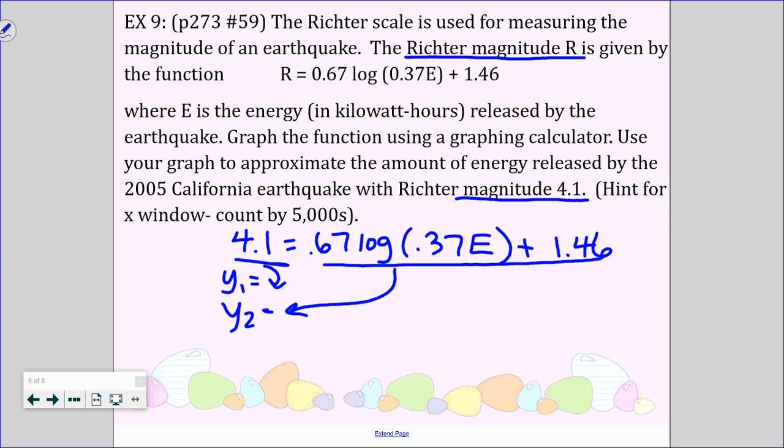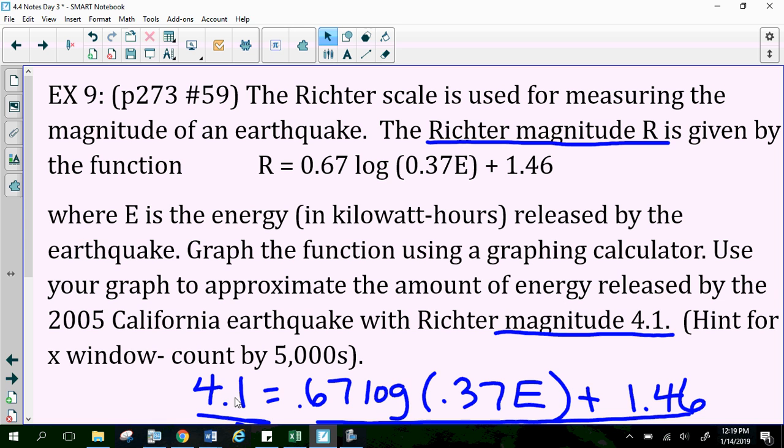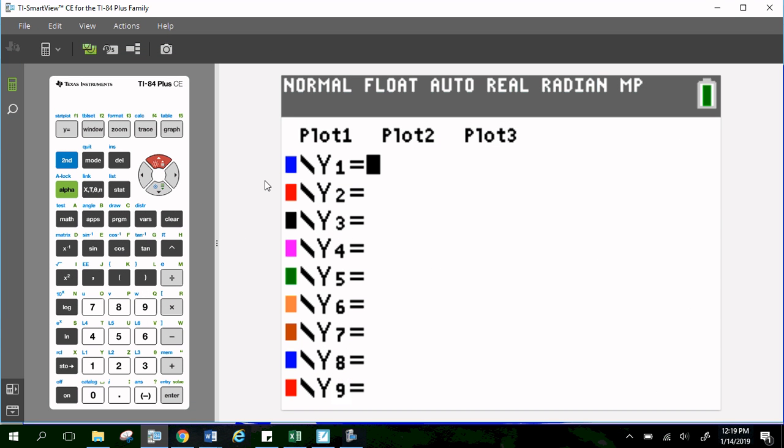So we're going to go to our graphing calculator now and put those in. So in our Y1, I'm going to put 4.1, and then in Y2, I'm going to put 0.67. And this is log base 10 because it doesn't have a base, so we just use that log button. 0.37, and for the E, we're going to use X as our variable.